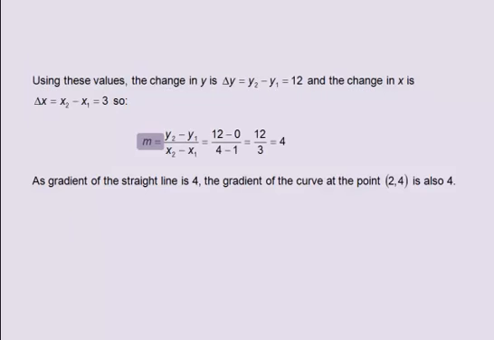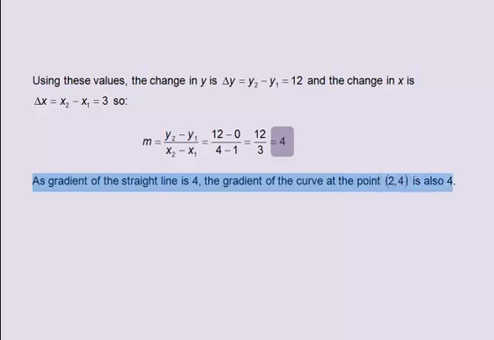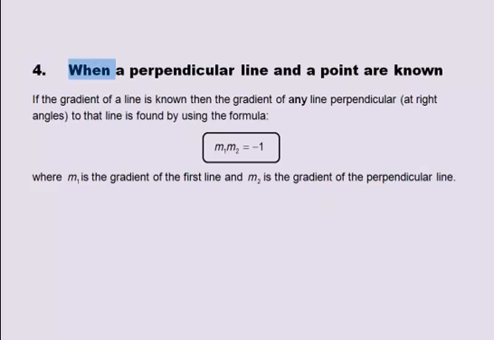So, m equals y2 minus y1 divided by x2 minus x1, which equals 12 minus 0 divided by 4 minus 1, which equals 12 divided by 3, which equals 4. As the gradient of the straight line is 4, the gradient of the curve at the point (2, 4) is also 4.